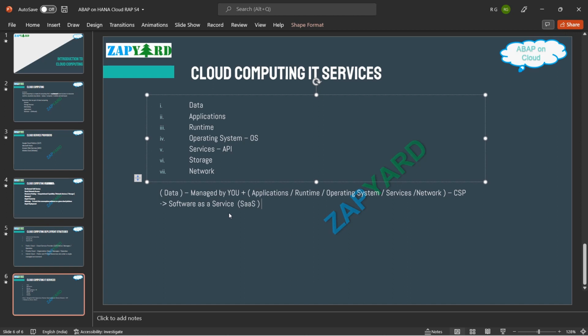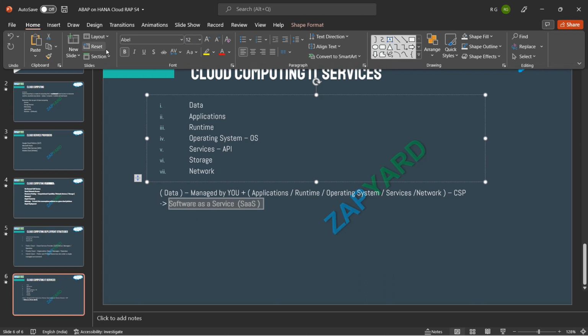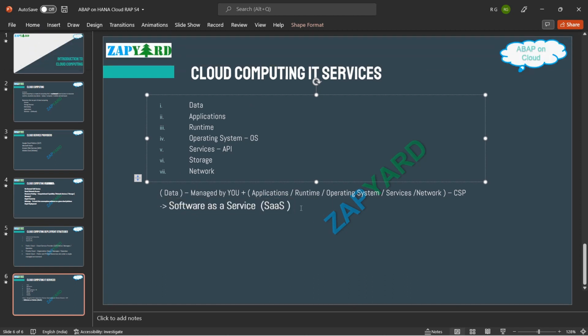This is very much in use these days, because the risk of implementing the entire landscape is reduced and only the data is managed. So the data is still under the control of the person or the company which is implementing the cloud services, but the rest of the components like applications, runtime, operating system, services, and the network is all managed by the cloud service provider.